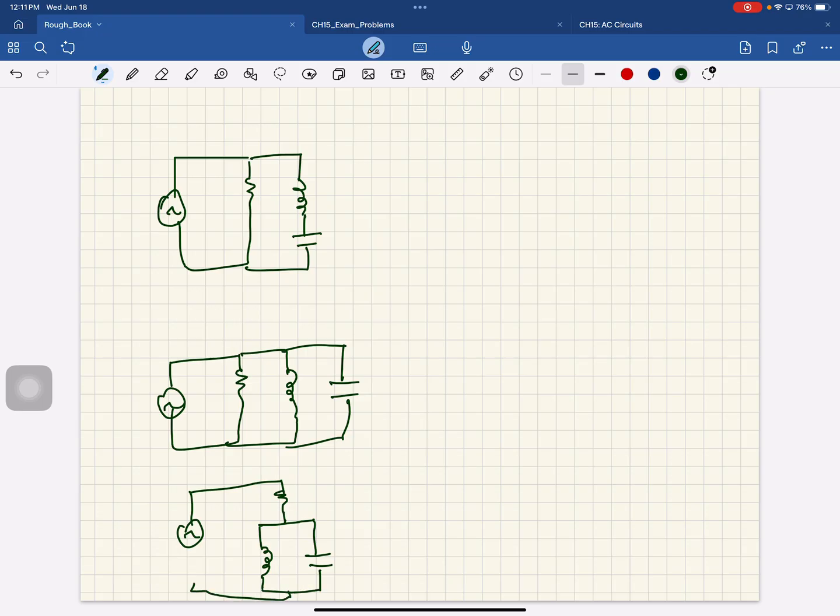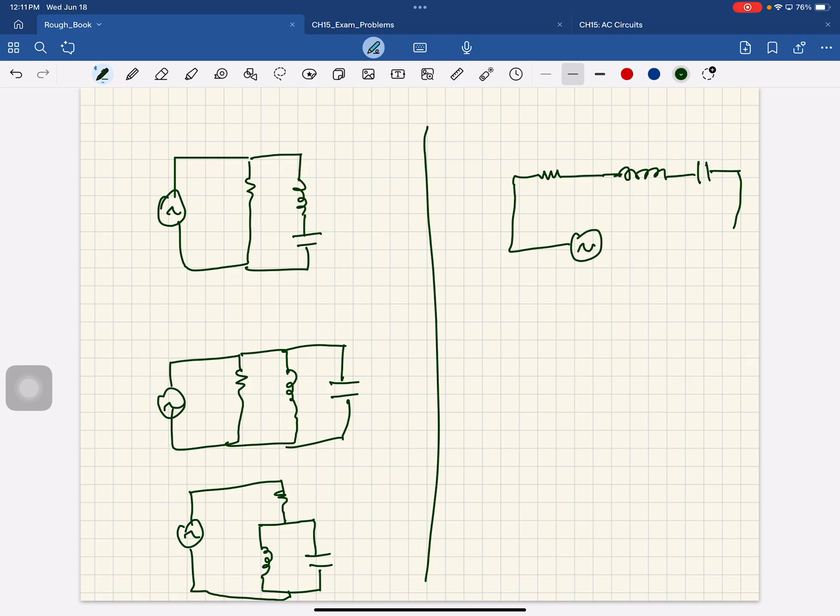And you can imagine all kinds of other stuff, and so on. This is the one we'll study.